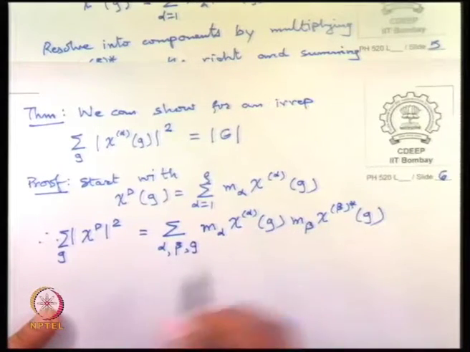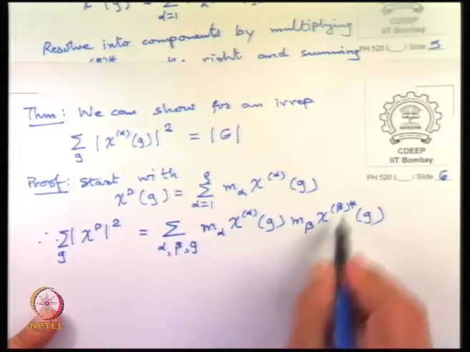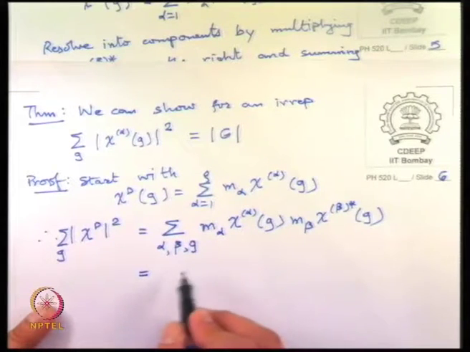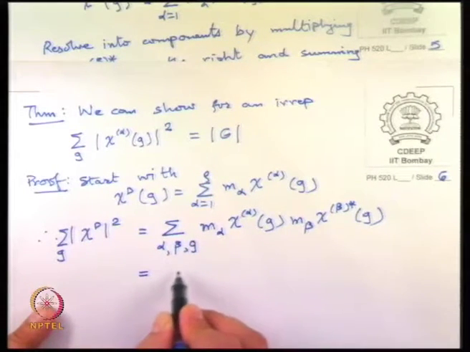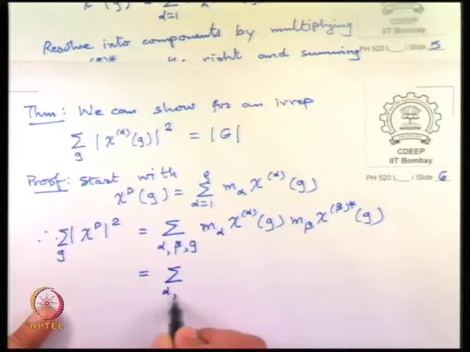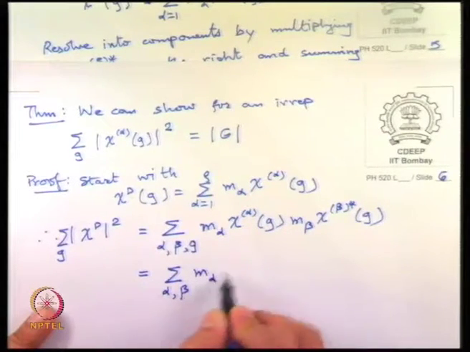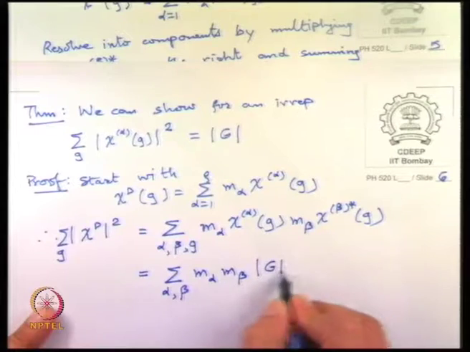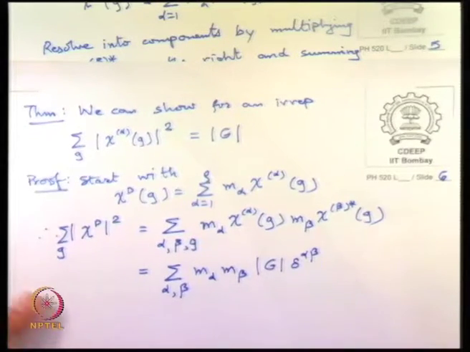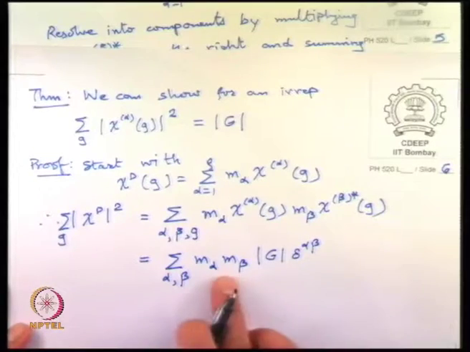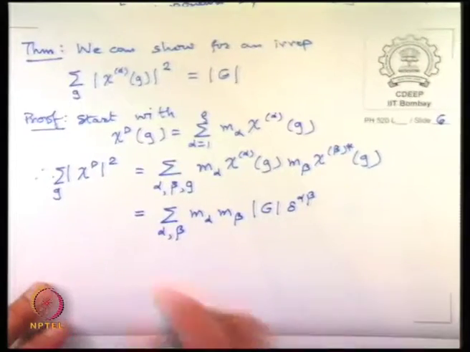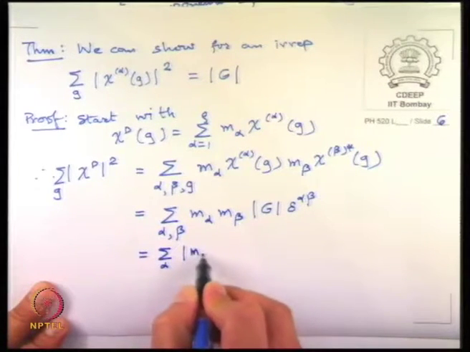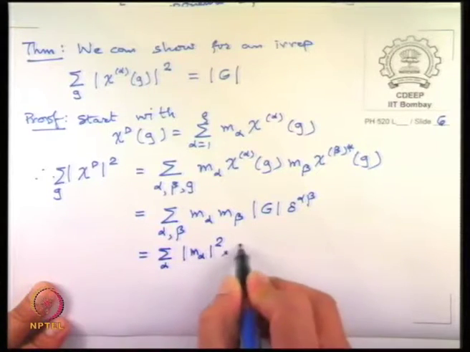But now we can exhaust the G sum by just focusing on the chi alpha chi star beta. That produces for us a delta alpha beta, so that collapses this sum to just being sum over mod m alpha square. And then there is a constant factor which is order of the group.